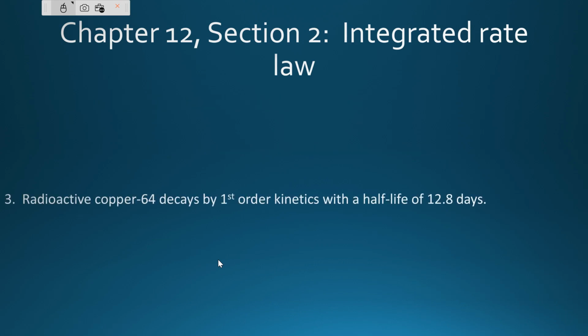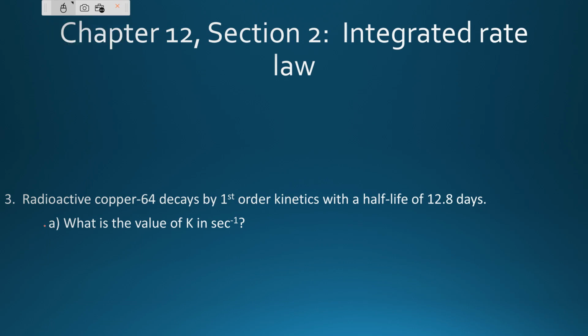Okay, now we take a look at copper. It decays by first order kinetics, and we see that it has a half-life of 12.8 days. Okay, what would be this value in K in something over seconds? Okay, so that's just going to be our half-life, isn't it?